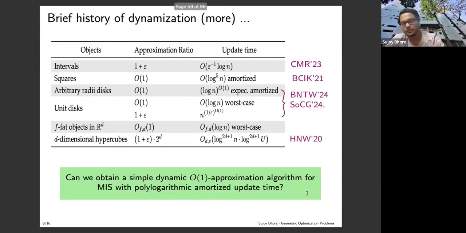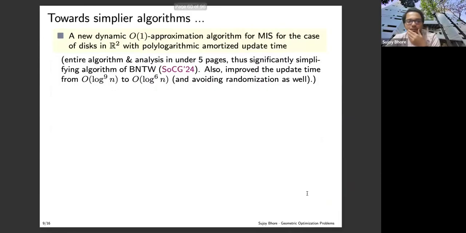This is work also with Timothy in SOSA this year. So we give a new dynamic constant factor approximation for this independent set problem for the case of disks in the plane with polylog amortized update time.